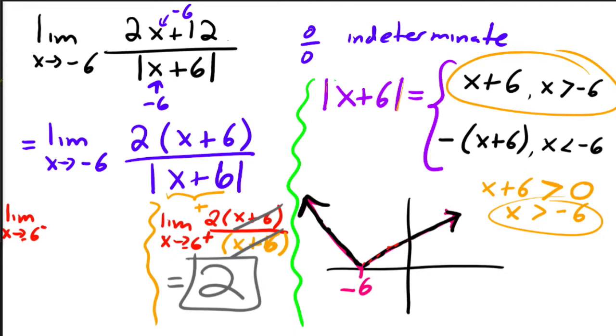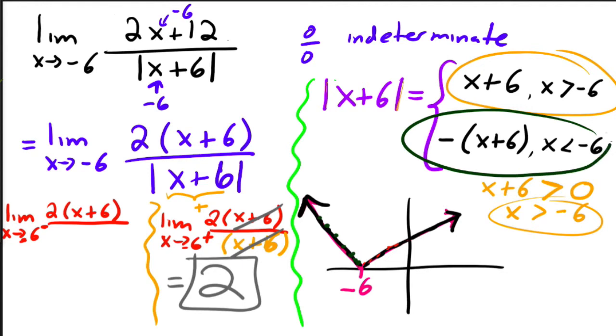Now, if you're approaching from the left, however, notice the top is the same, 2 times x plus 6. But since you're approaching negative 6 from the left, this time you're coming in over here from the left. So the values are going to be less than negative 6, which means you're going to now use this function right here. So you're going to substitute absolute value of x plus 6 by negative x plus 6.